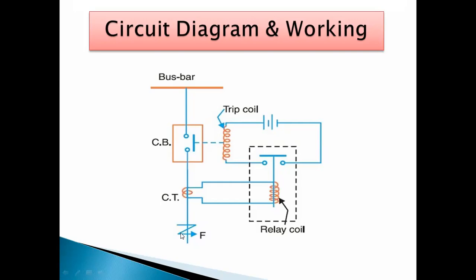Just imagine here there is no fault. This line is carrying some normal current. So just tell me, what are the relay contacts, normally open or normally closed? Yes, the relay contacts are normally closed or open?